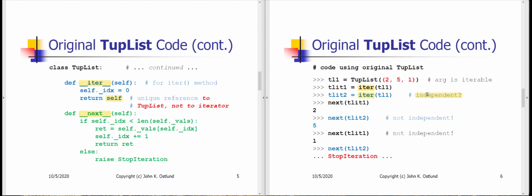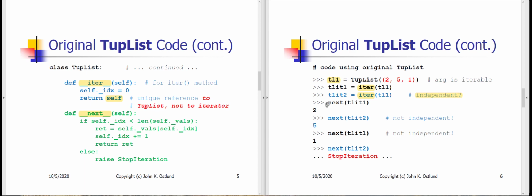And the obvious answer is no, because TLIT1 is simply a reference to the current TupList object. That's what's being returned by the iter function. TLIT2 is also a reference to the current TupList object. So in fact, TLIT1 and TLIT2 are both references to this object TL1. And if they're both references to the same object, obviously they cannot be independent of one another.